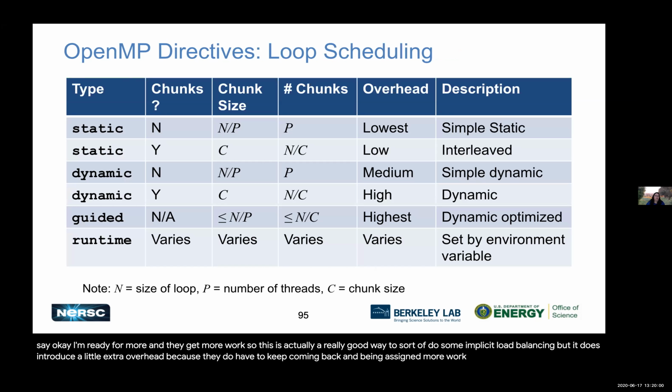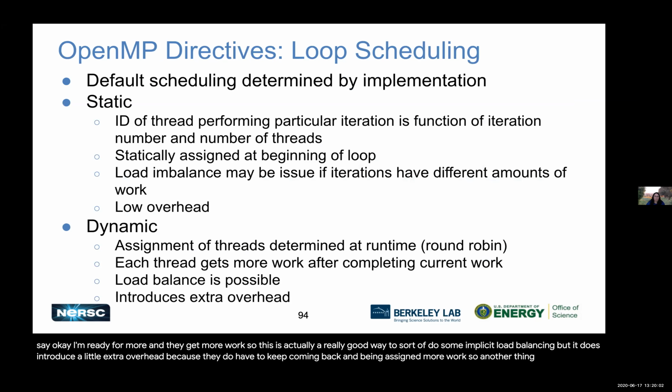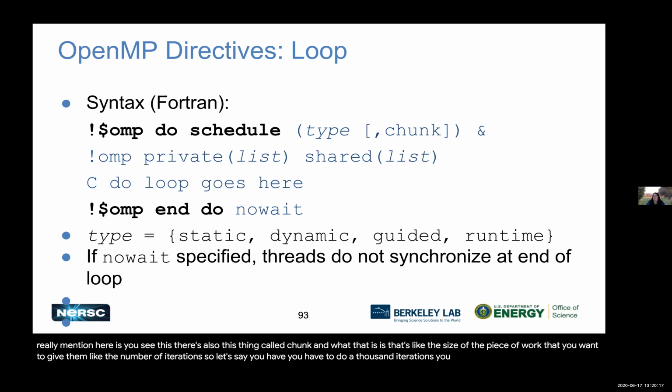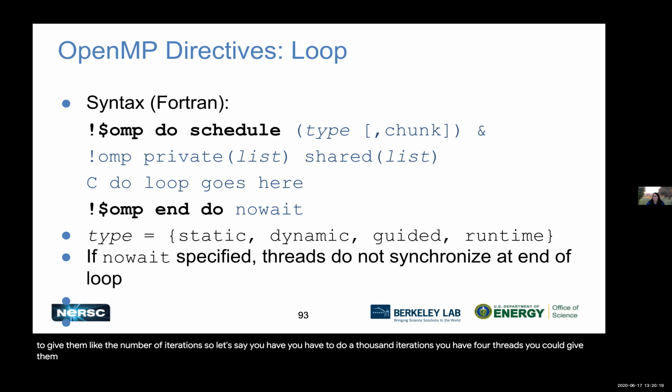Okay, so another thing that we didn't really mention here is this thing called chunk. And that's the size of the piece of work that you want to give them, like the number of iterations. So let's say you have to do 1,000 iterations, you have 4 threads. You could give them like 10 iterations to do at a time, something like that.